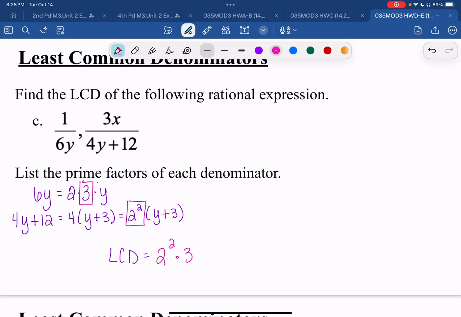I know it's got to have a y. That's the only y. And I know it's got to have a y plus 3. That's the only y plus 3. So do you see how I went through and just picked everything? Everything's got to be there. So that leaves me with 12y times y plus 3.